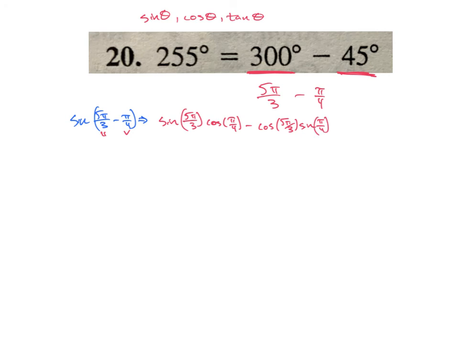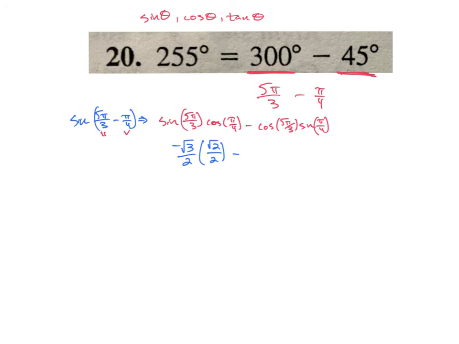All right, so now I'm just going to need to know my unit circle. Wow, I never thought that unit circle would go. It's not going away. All right, so what's the sine of 5 pi over 3? Negative square root 3 over 2. And then what's the cosine of pi over 4? Square root 2 over 2.